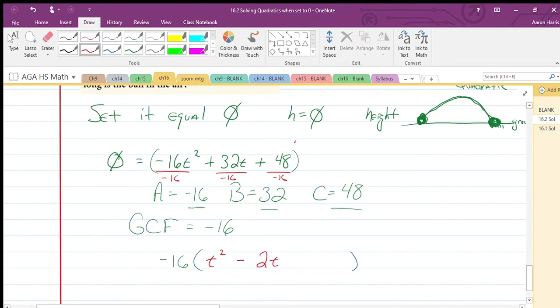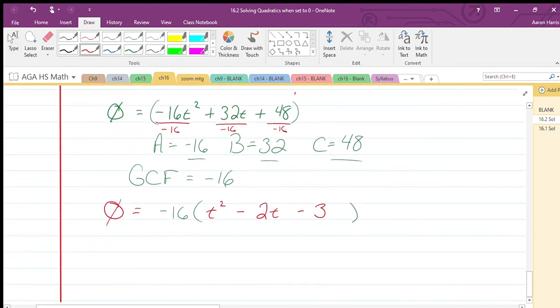A positive 48 divided by a negative 16 is going to get me a negative. And 48 divided by 16 is 3. So all of this is equal to 0. So 0 equals negative 16 times this quadratic, t squared minus 2t minus 3.